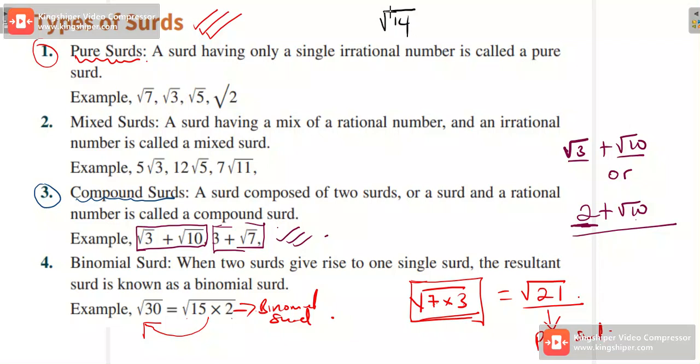If I take root of 14, you can see that root of 14 can be written as root of 7 times root of 2. So in this case, root of 7 times root of 2 becomes a binomial set. So write more binomial sets. Pick any set and write its binomial set.